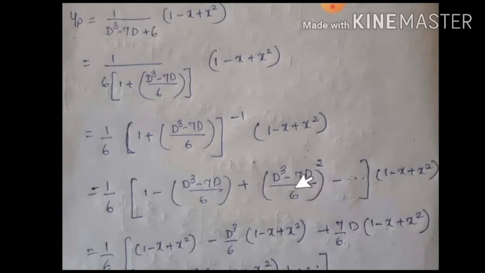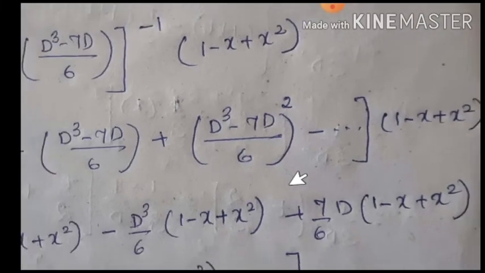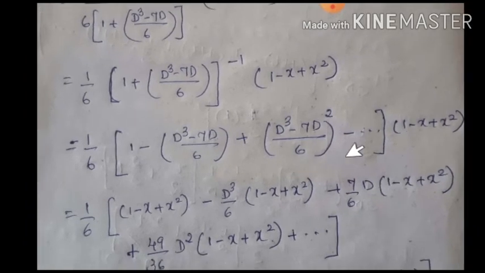Hence this expansion of the bracket is necessary. So now multiply 1 minus x plus x square with the bracket term. 1 into this is 1 minus x plus x square, minus D cube by 6 into this bracket term. Minus minus becomes plus 7 by 6 into the derivative of this.